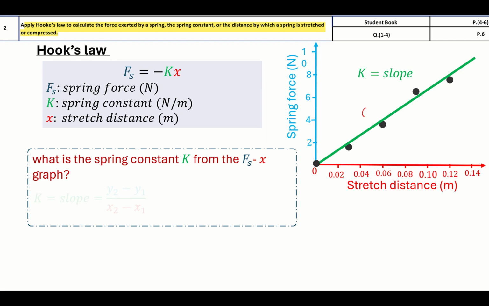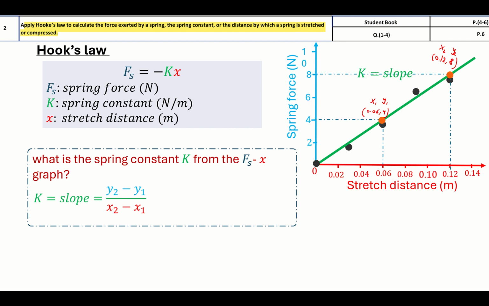has the coordinates 0.06 and 4. And the other point has the coordinates 0.12 and 8. We call one of the points x1, y1, and the other point x2, y2, and then apply the slope equation.